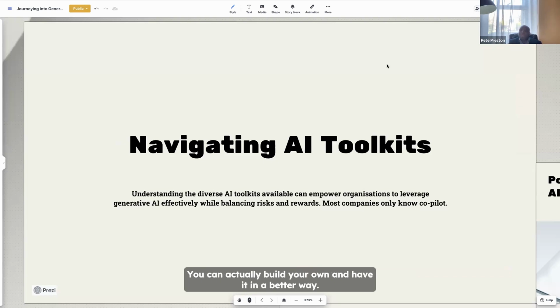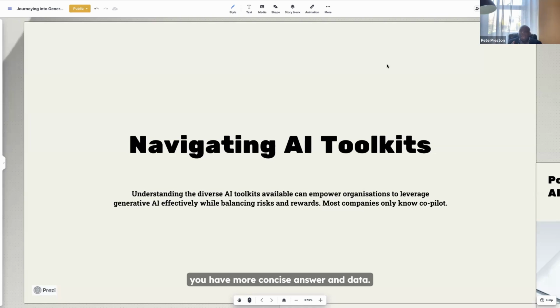You can actually build your own and have it in a better way where you even get rid of things like hallucination. Maybe not 100%, but they work better because you can create systems with RAG architecture to help you have more concise answers and data.